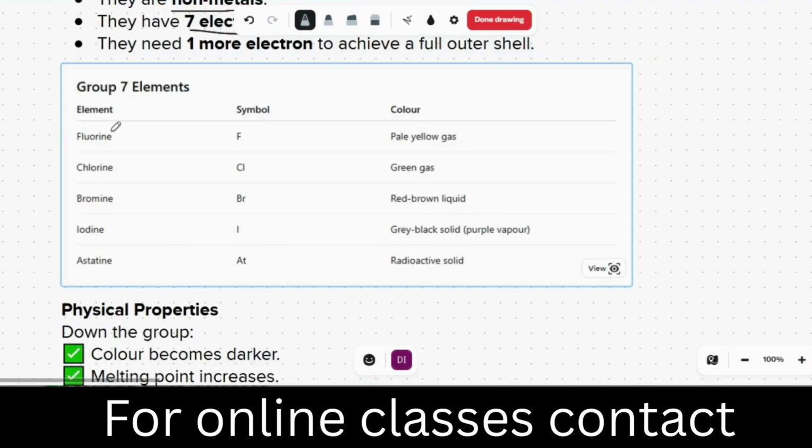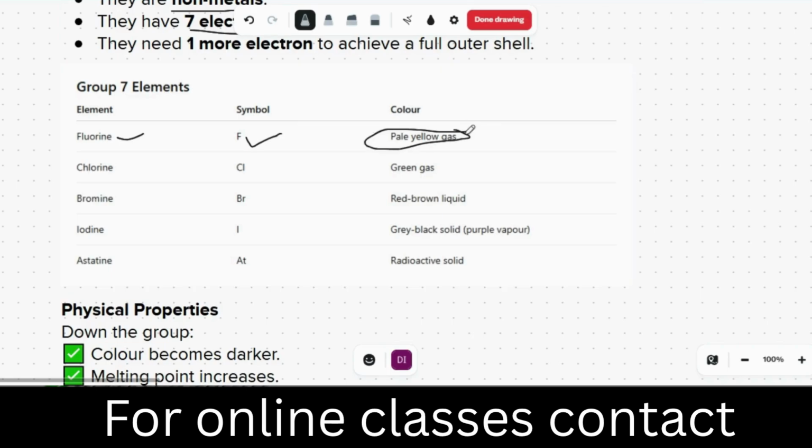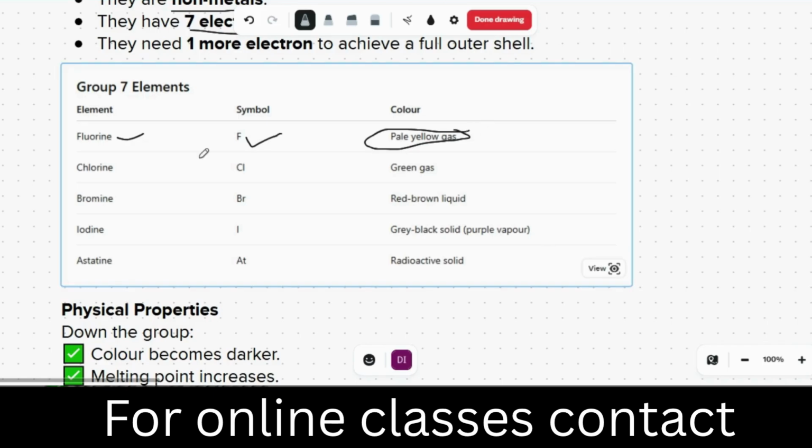Okay? So group 7 elements are fluorine, symbol F. Most of them are non-metals, and most of them are in gas form. As we move down the group, they turn from gas to liquid and then to solid. Chlorine is Cl and it's a green gas.